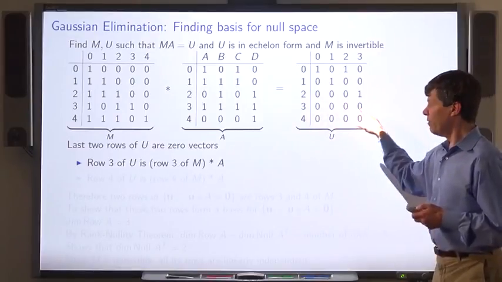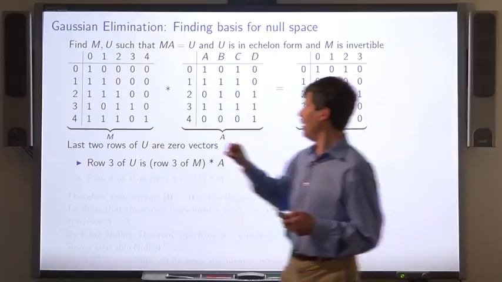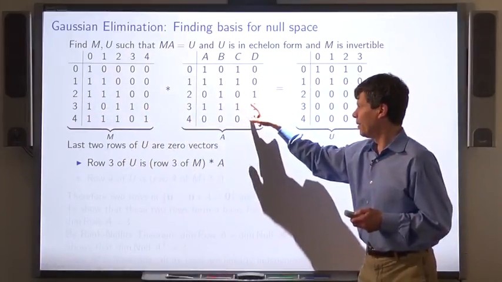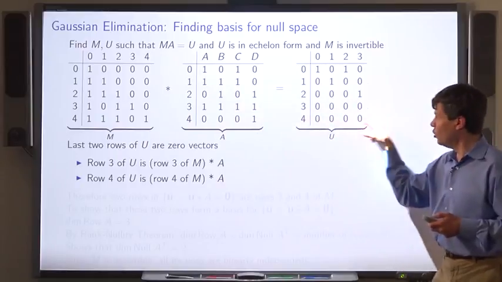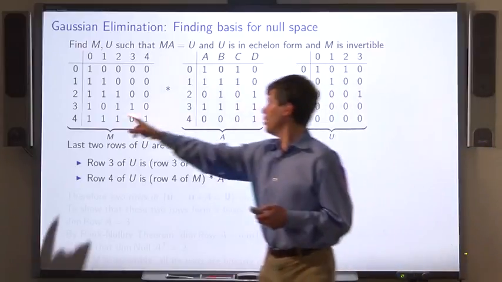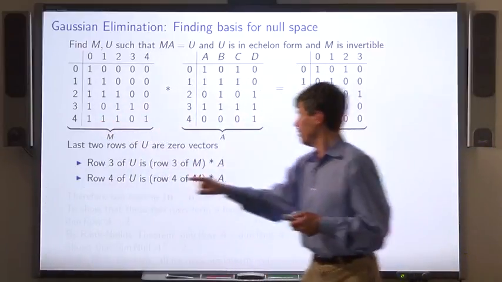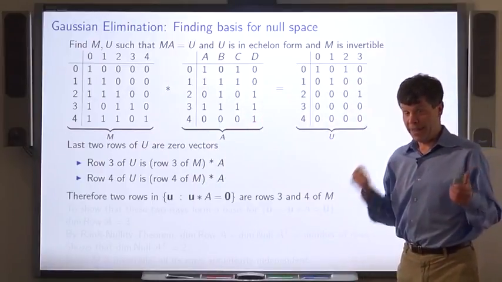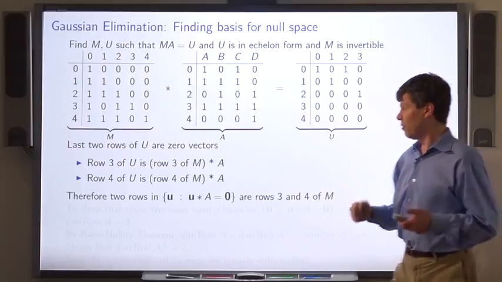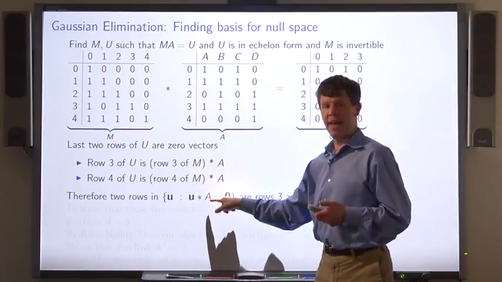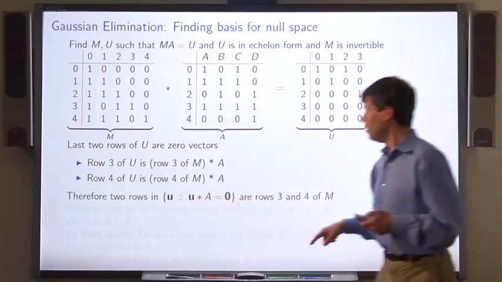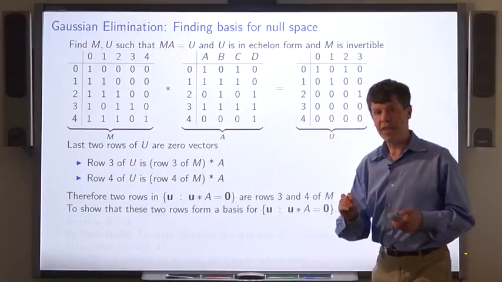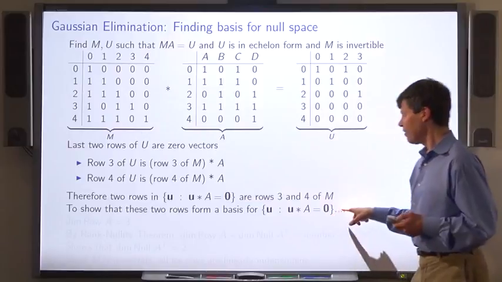Now, row 3 of U is obtained by multiplying row 3 of M by A. And row 4 of U is obtained by multiplying row 4 of M times A. So we've identified two vectors, U, such that U times A is the zero vector, namely rows 3 and 4 of M. Do these vectors form a basis for this space?